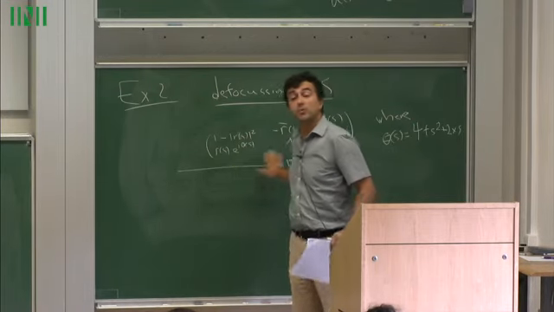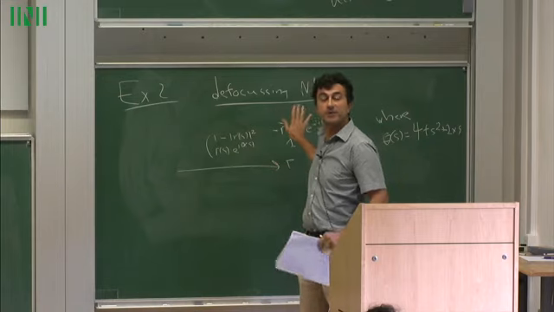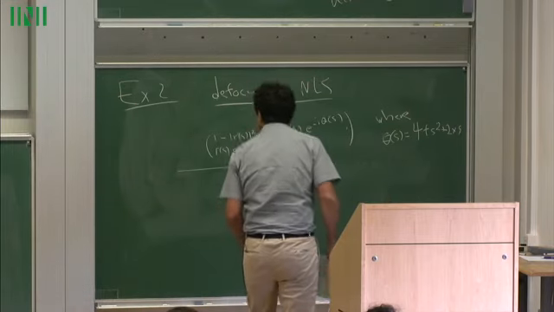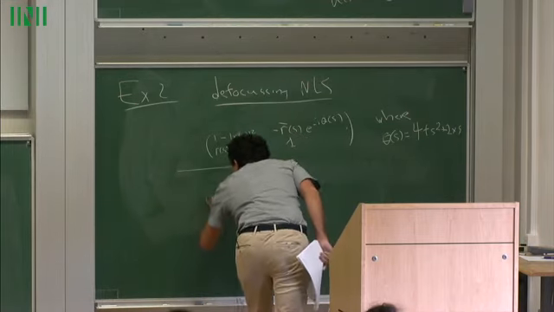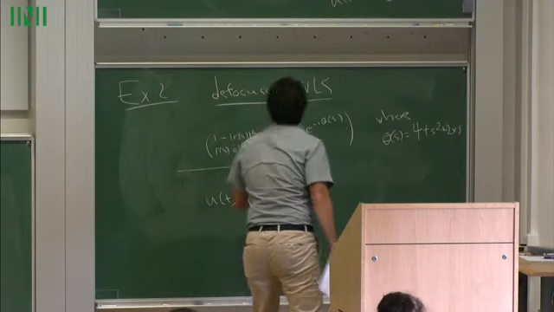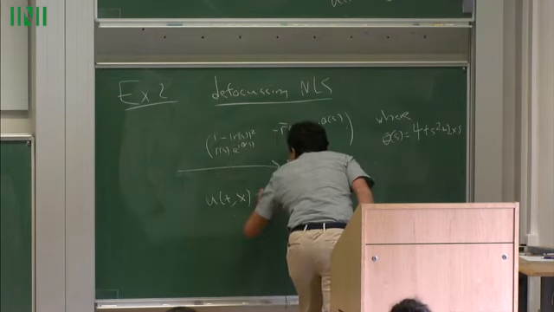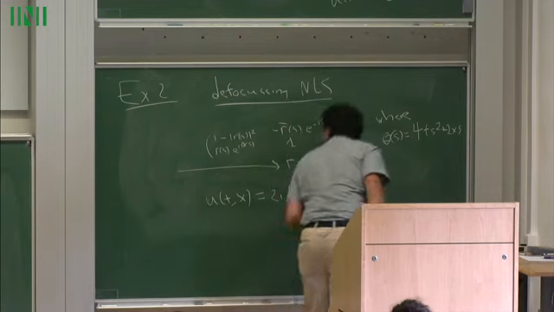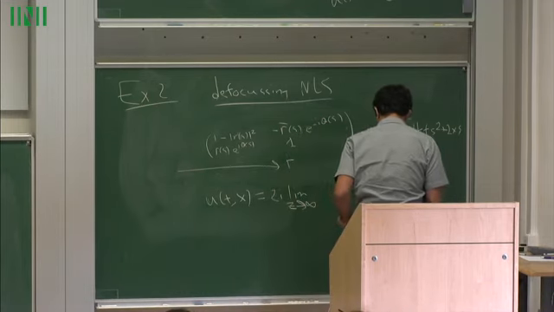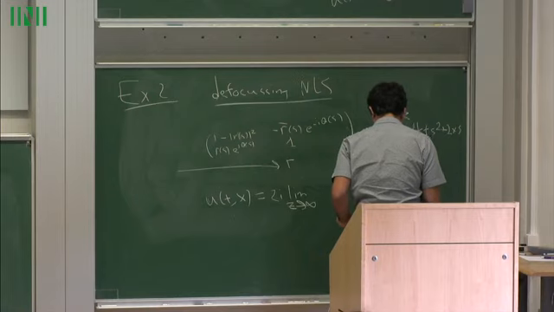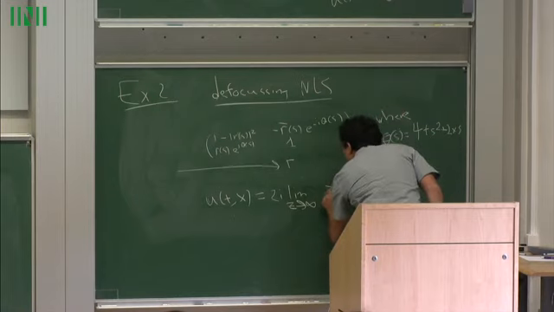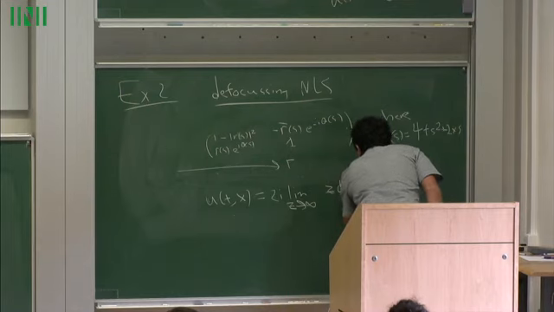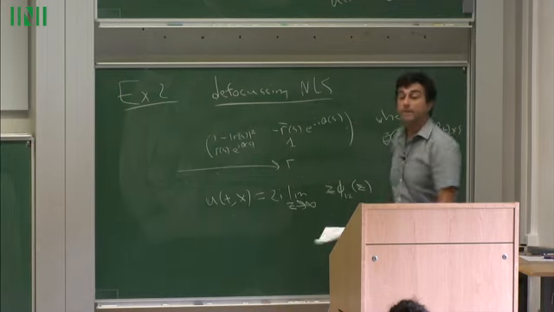We have a Riemann-Hilbert problem on the real line. If we can solve this, we can recover solutions to NLS by essentially the same thing as there. Z phi 1, 2 of Z. Here I mean the 1, 2 component.